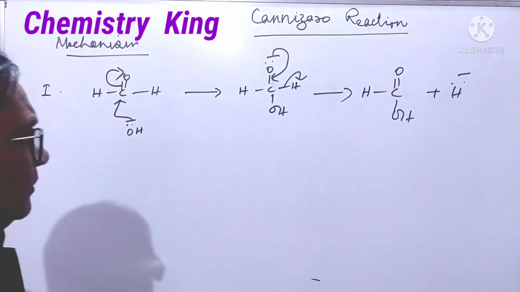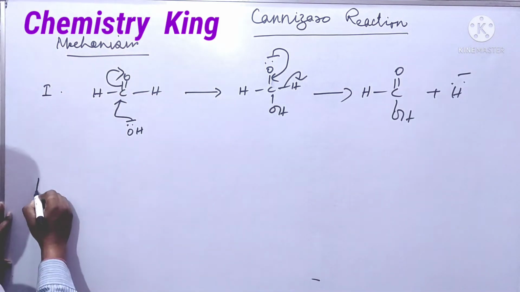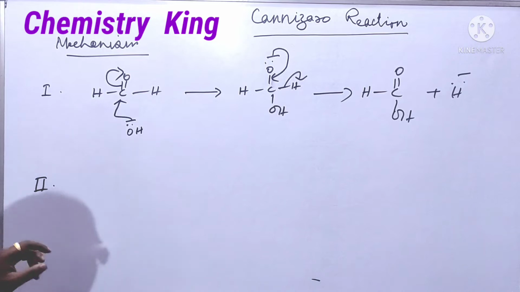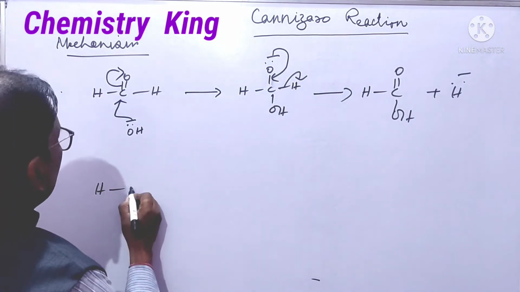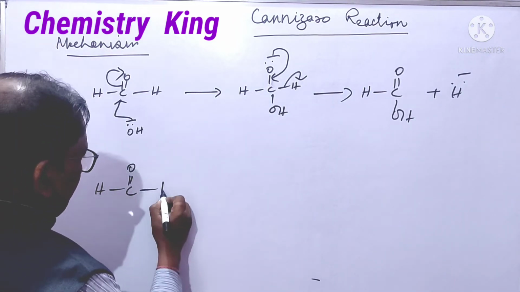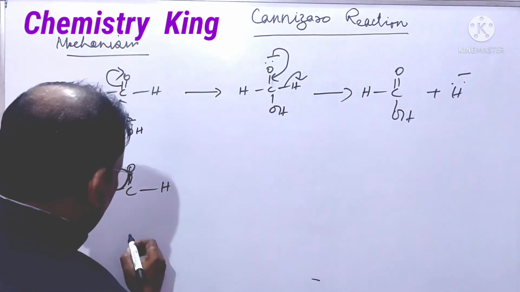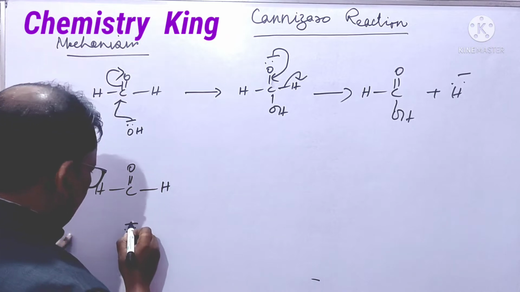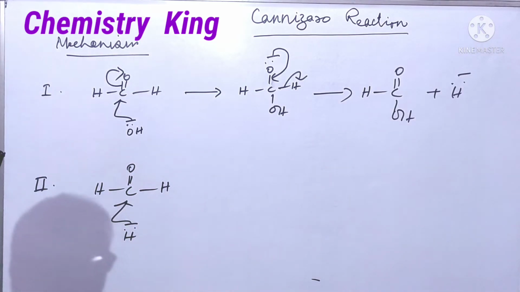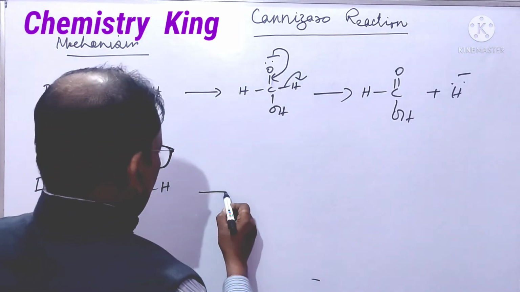Here the hydride ion, which is a nucleophile, will act as nucleophile for the second molecule, H-C double bond O-H. It is the second molecule of formaldehyde, and this hydride ion will act as nucleophile and attack here, and this bond will break.